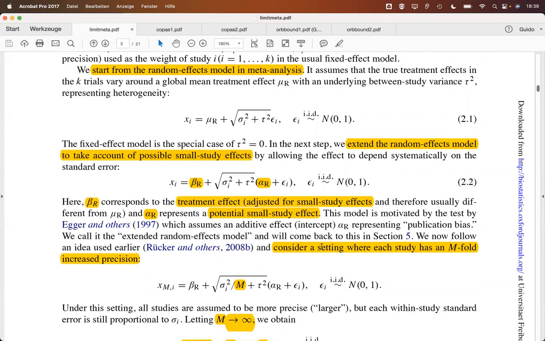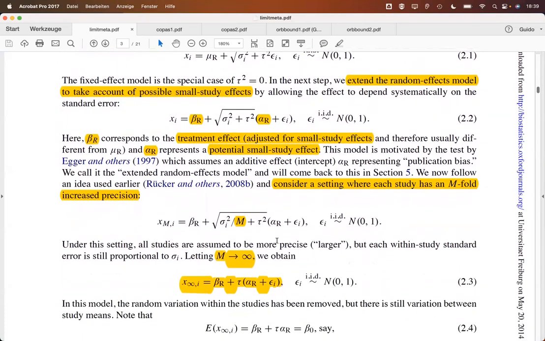Then in the next step, in order to get some estimates for this, we consider a setting where we increase the precision of the individual studies, and we increase it by using this M as a factor in order to increase the precision, so to reduce the variance.